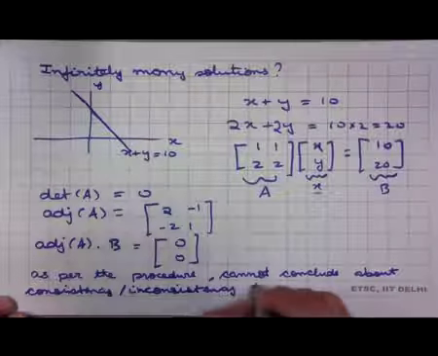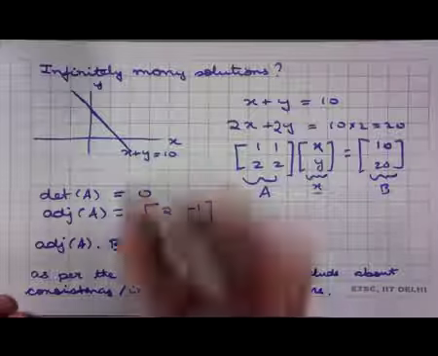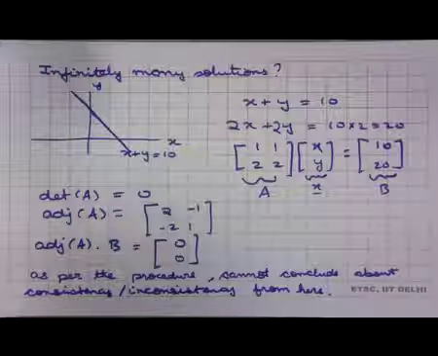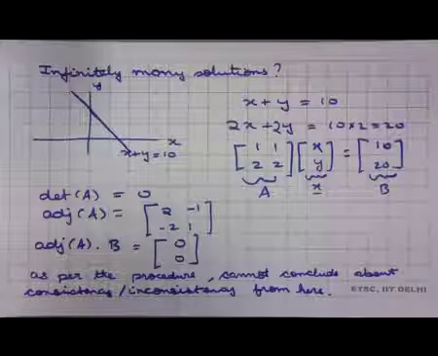We need something else, and this makes sense, because from the point of view of the geometric idea, there are infinitely many solutions. So, we can use the geometry of the situation to find out whether it is consistent or not consistent.